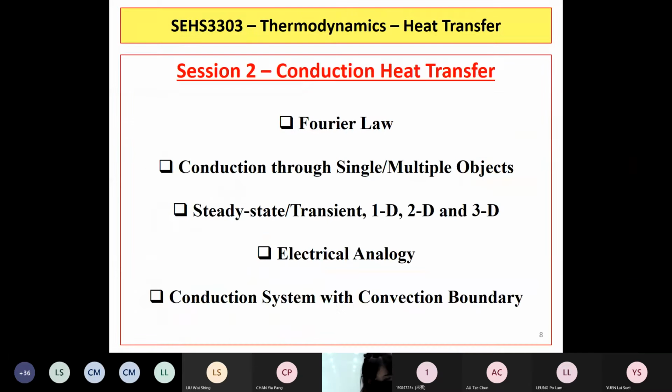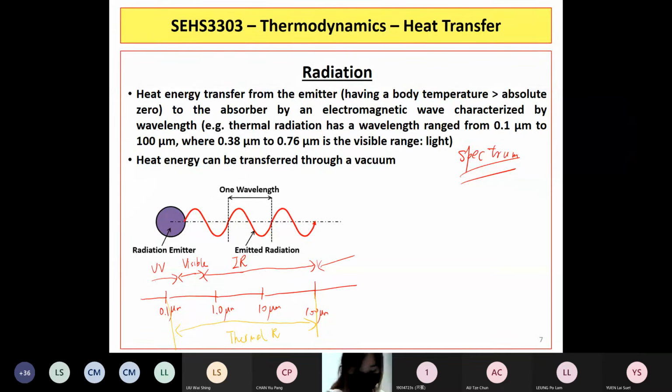Oops, sorry. And the solar energy is quite important, right? If without solar energy, there is nothing on our planet. There will be nothing, right? So solar should be, where's my pointer? Yes, here.